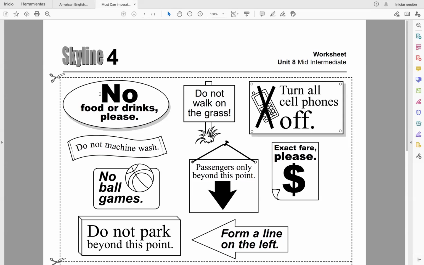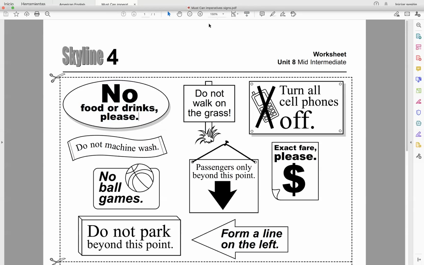So look at the first one. Look at this one here. It says no food or drinks, please. So where do you think we would find this sign? In what place?